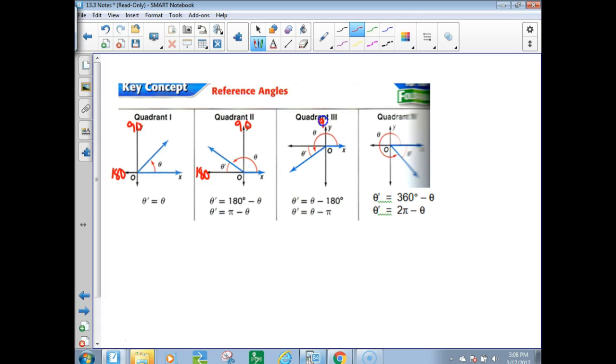So then when you go past the 180 and you're in quadrant 3 terminating, in order to get this number right here, which is with the x-axis, you have to take your angle measure and subtract 180 from it. Make a little sense? Kind of make sense. And then if you're in quadrant 4, you have to take 360 minus your theta to get this angle right there.